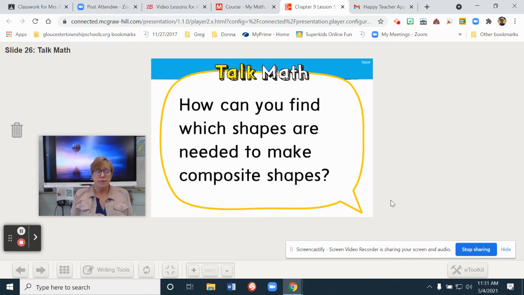But first you have to make sure it adheres to how many they say and that it does make the shape that you need. Okay? That's probably one of the most important things, is to make sure that if it says 2 shapes, you only have 2 shapes. All right? So that's something that you have to keep in mind according to the directions.